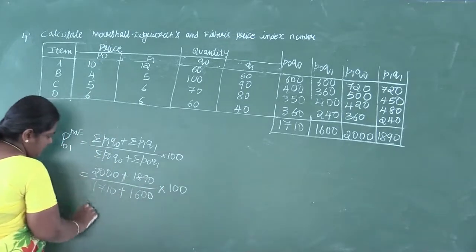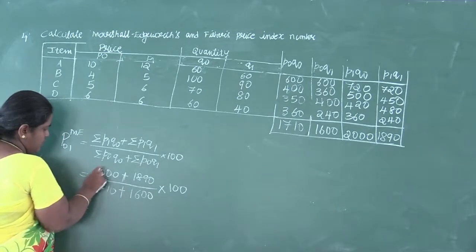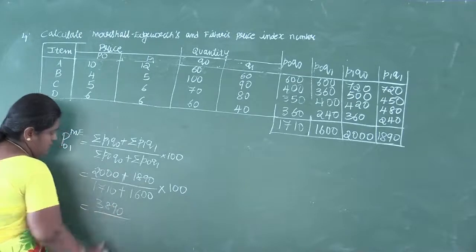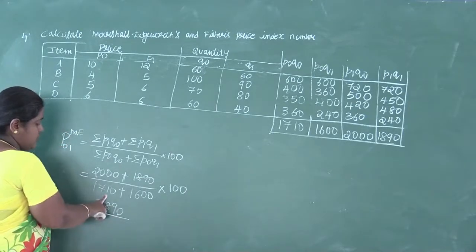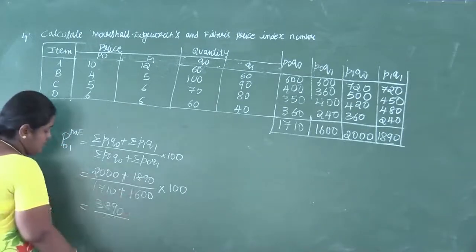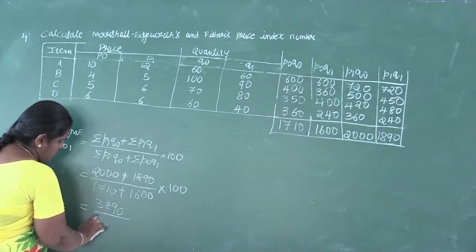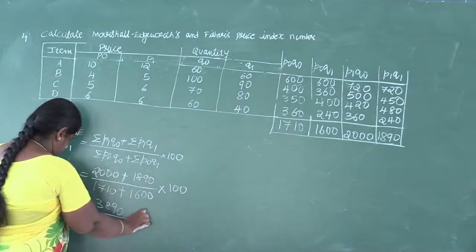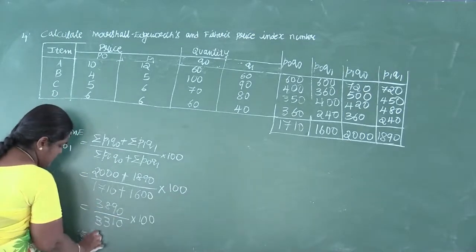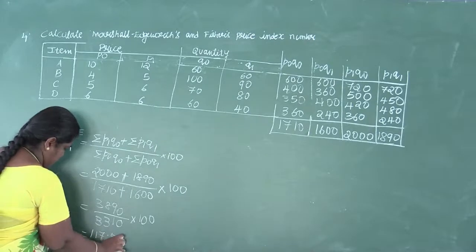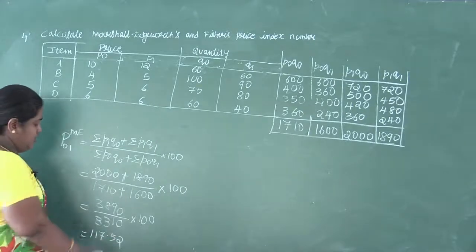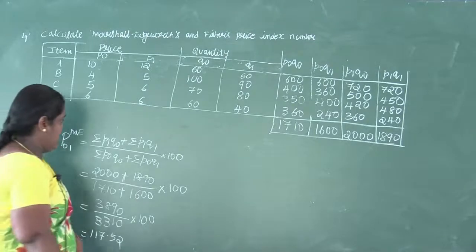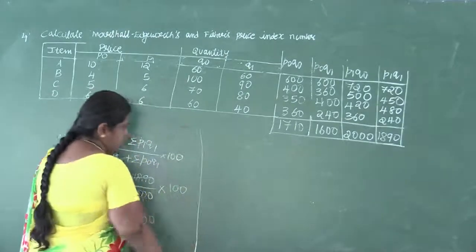Now add the numerator, that is 2000 plus 1890 will get 3890, divided by 1710 plus 1600, which is 3310, into 100 will get 117.52. So 3890 divided by 3310 is 117.52. This is regarding the Marshall-Edgeworth.